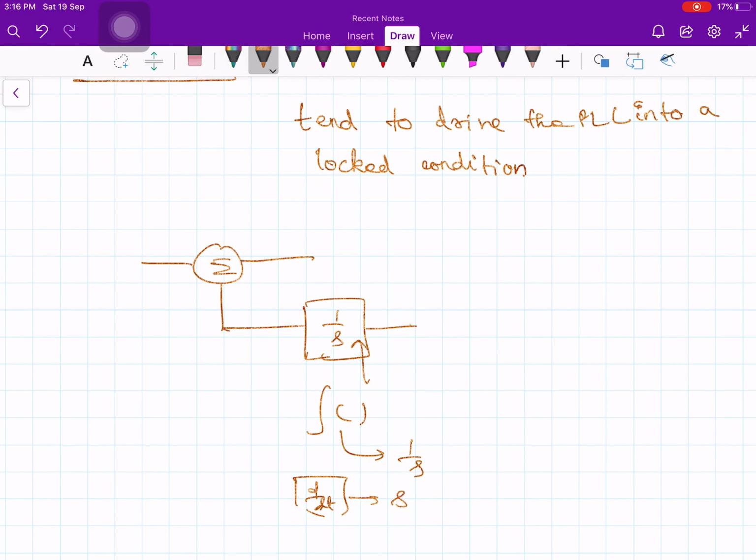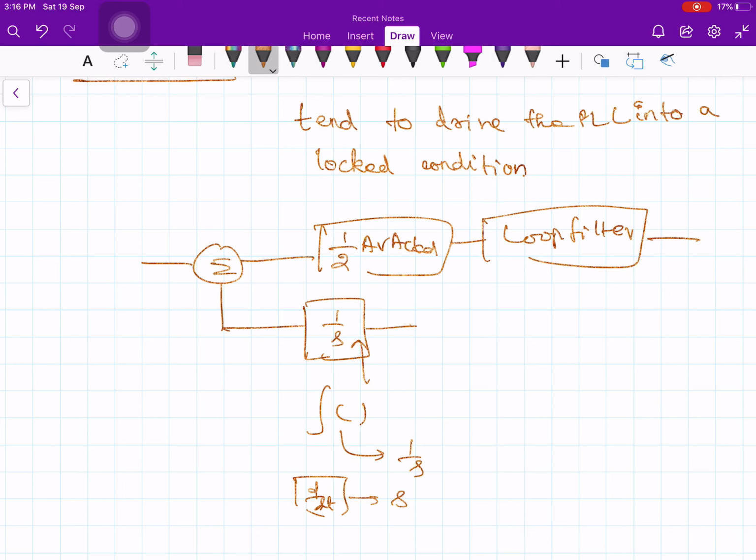So here the sine function has gone, 1 by 2 AC AV KD, then loop filter. So this is what we had in the locked condition.